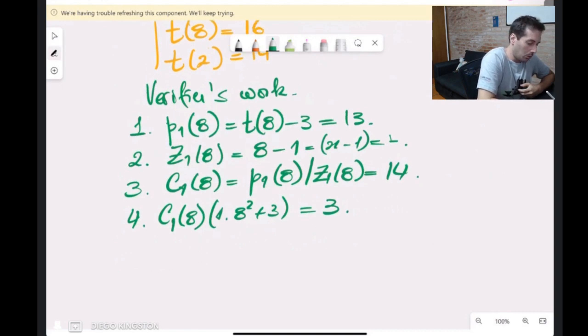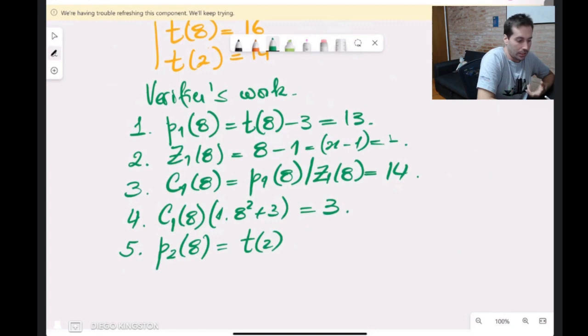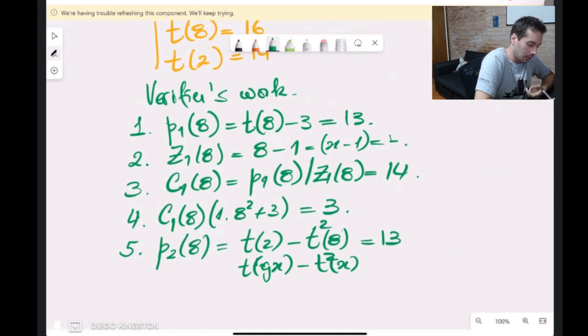And so, well, if we want to calculate the second polynomial at 8, this is t of 2, which was t of g of x, minus t of 8 squared. Just remember this is t of gx minus t of x squared, and this is 13.